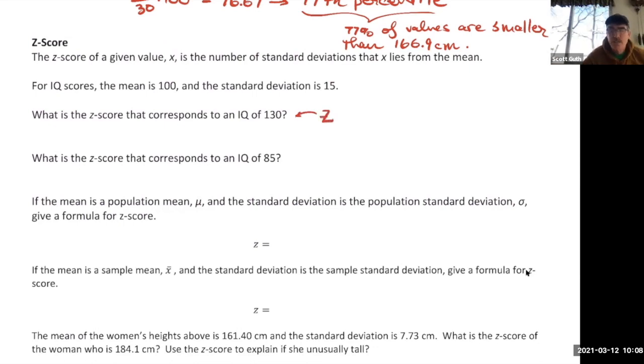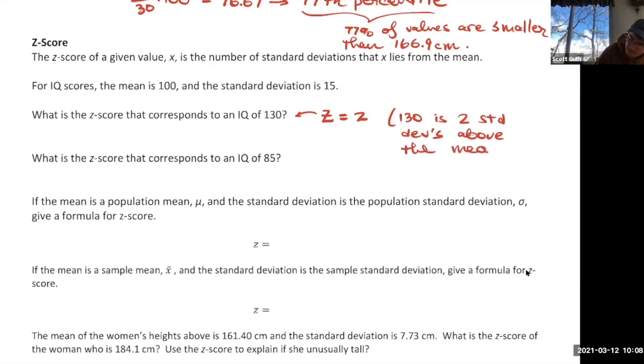How many standard deviations do you have to add to get to 130? 2. Yeah, so 130 is 2 standard deviations above the mean. The z-score is 2.